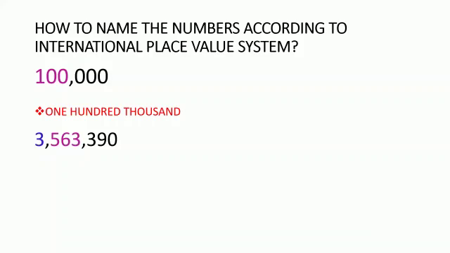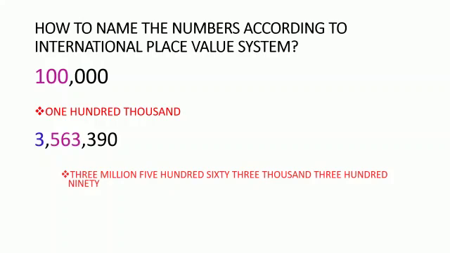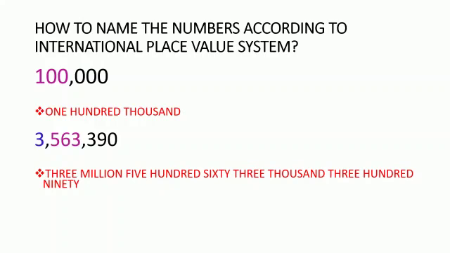In thousand period there is 563. So 563,000. In ones period there is 390. So the name of this number is 3,563,390. Yes. Now we are going to move down to the next slide.